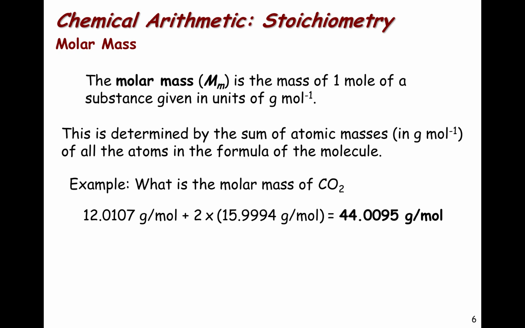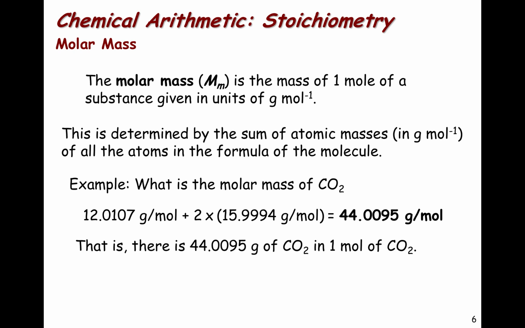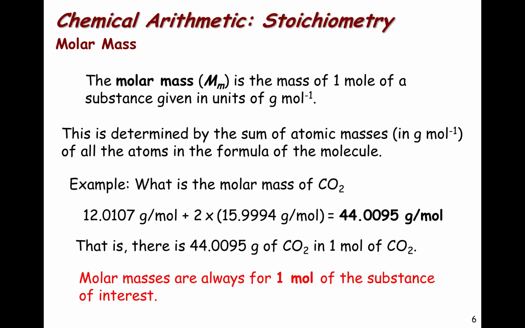Notice that the value is exactly the same as what we previously calculated in terms of atomic mass units, but now the unit is grams per mole. So, that is then a really useful relationship that we can use in lots of other calculations.